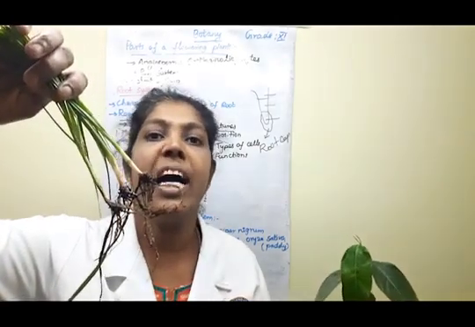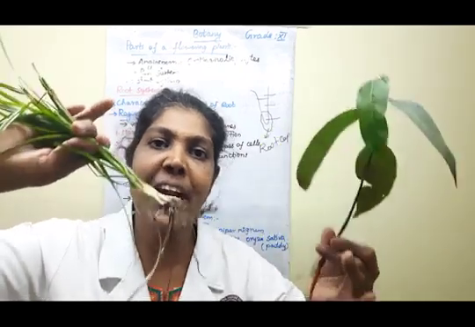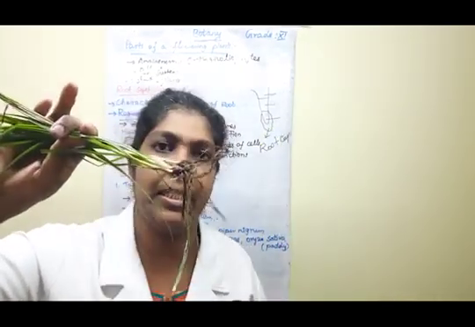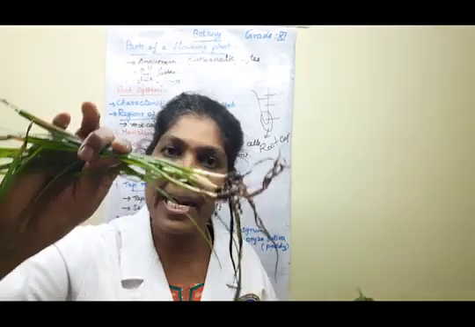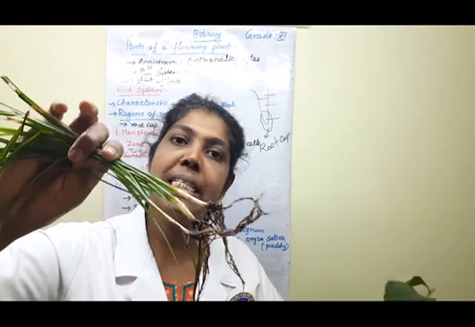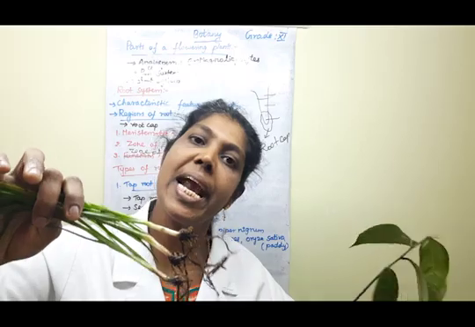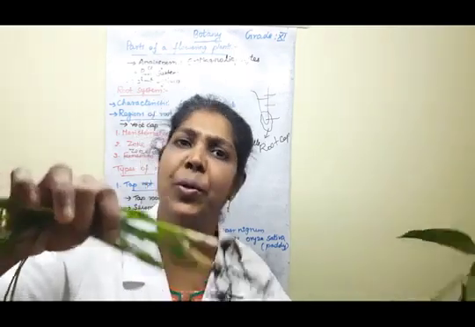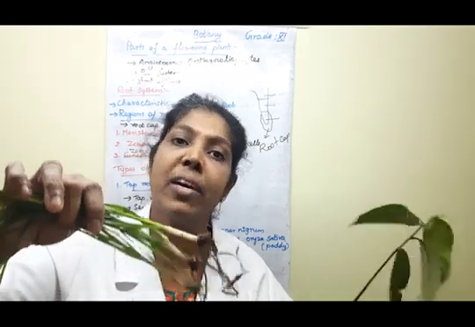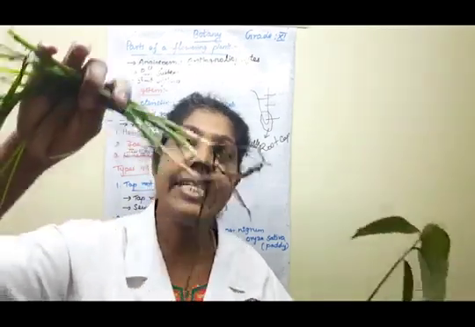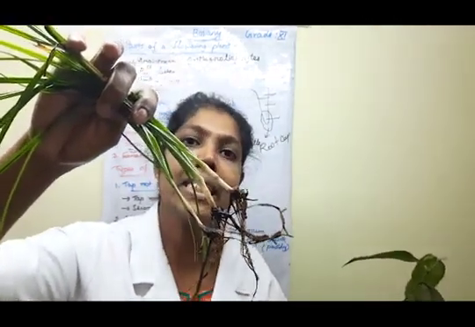But adventitious roots are not developed from the radicle region. They develop from any part of the plant body, from the node region, internodal region, leaf region or stem region, whatever it is. Roots developing from such regions are known as adventitious roots.